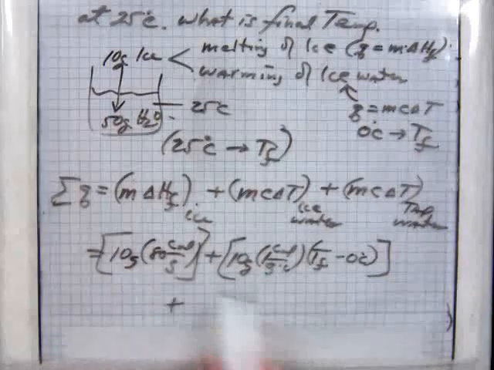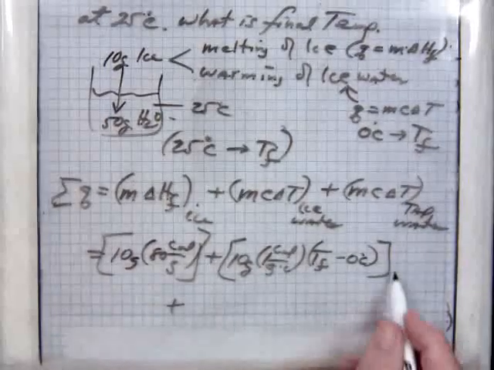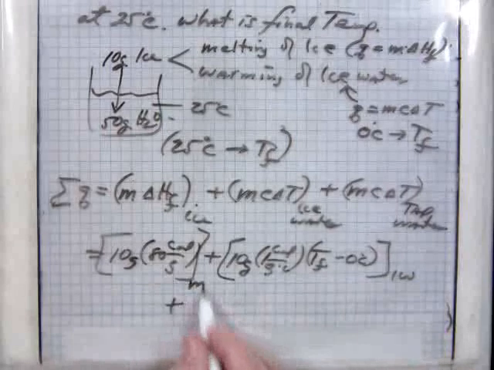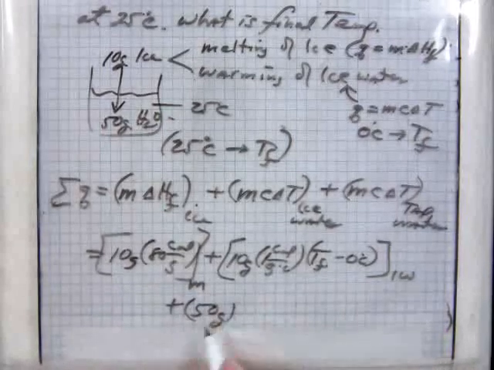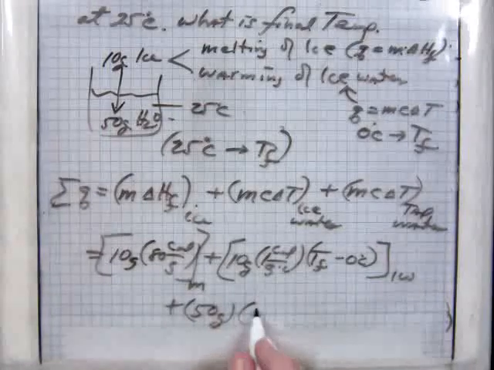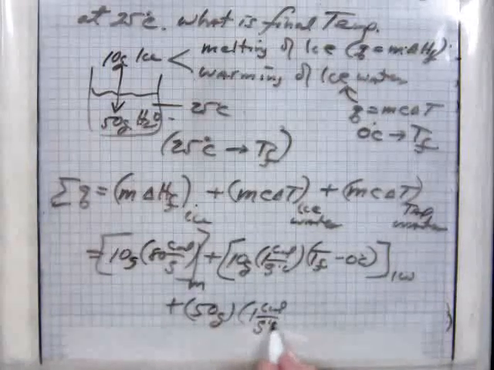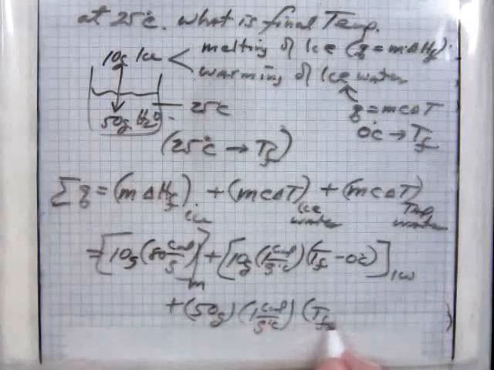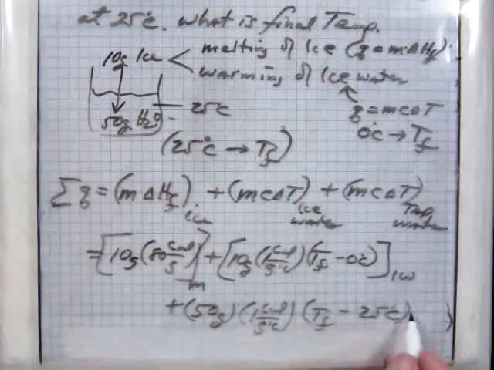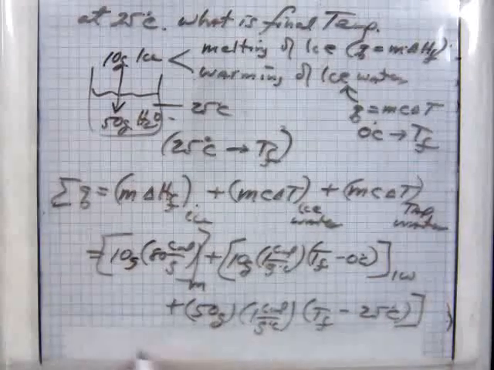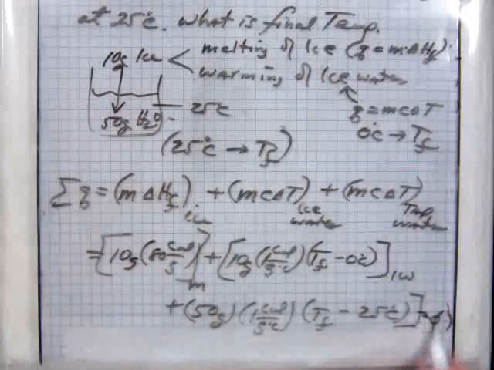That's your melting, that's your warming of ice water. And then you have 50 grams of water that you're cooling, that's 1 calorie per gram degrees C, and it's going to a T final from 25 degrees Celsius is where it started. And so all of that is equal to 0.